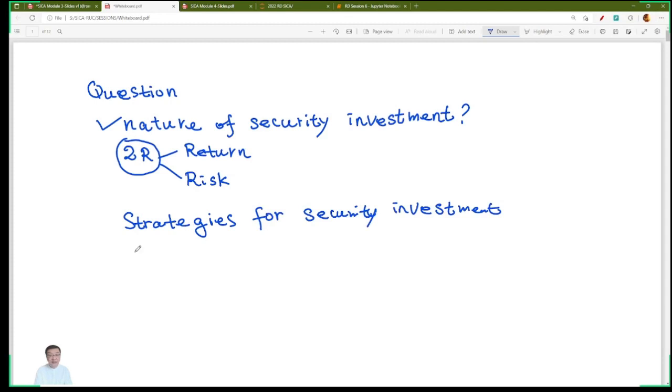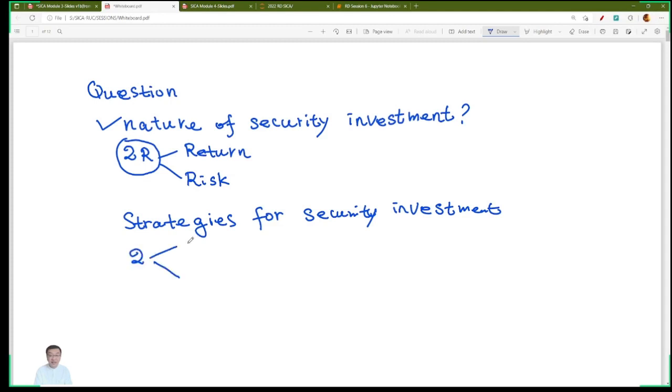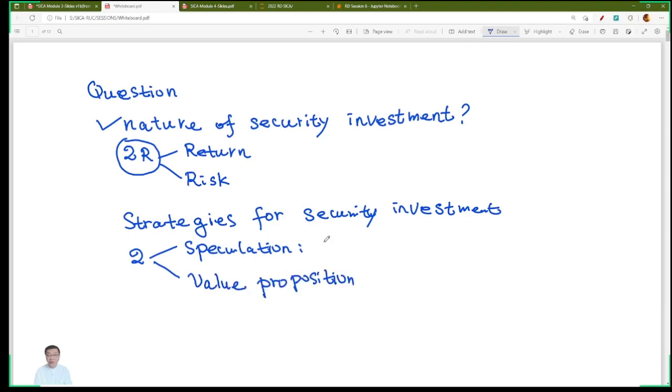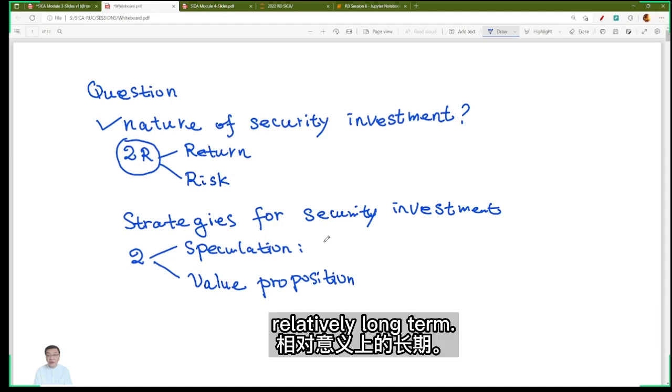One is called speculation. Another is called value proposition. Speculation usually looks at short term, while value proposition usually looks for relatively long term.